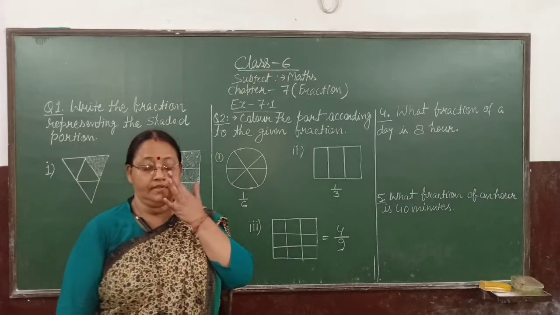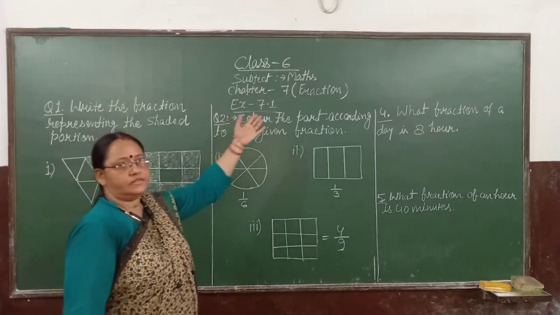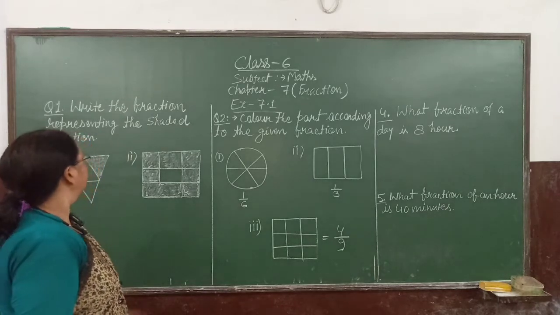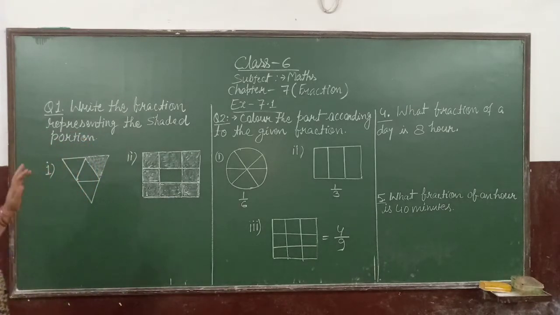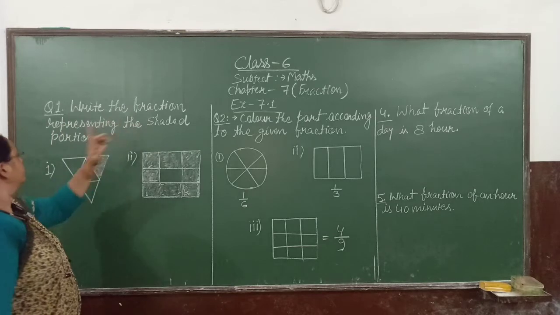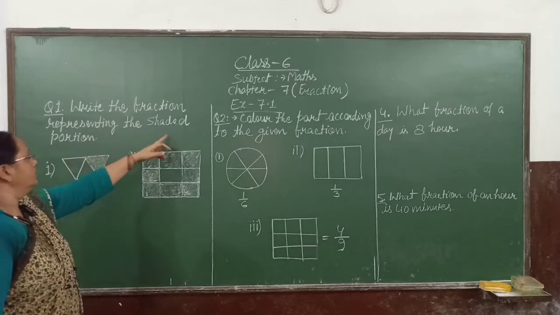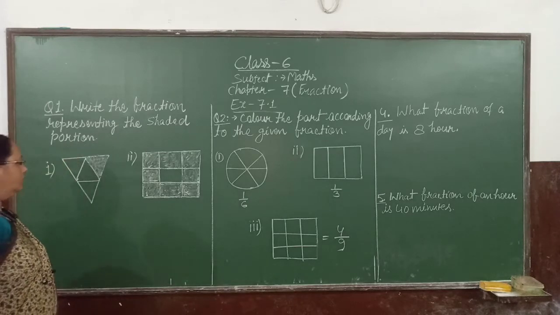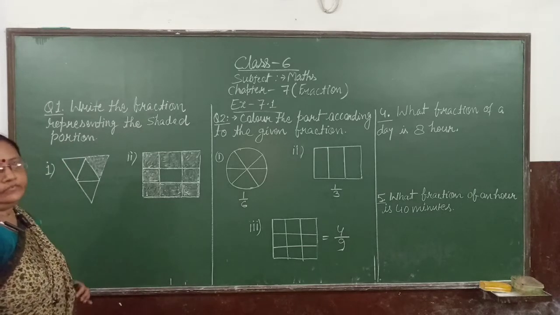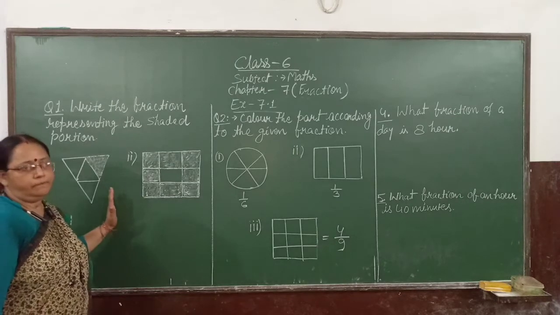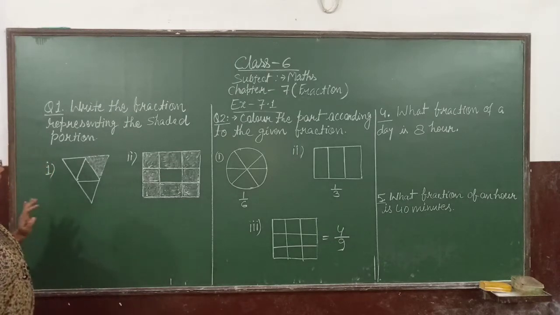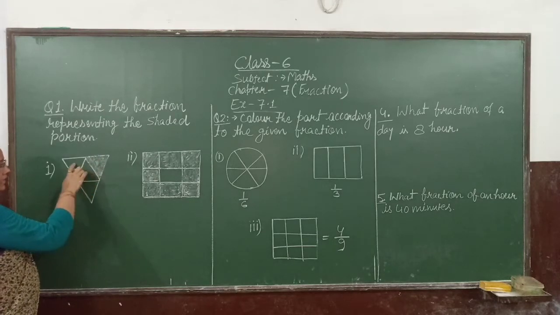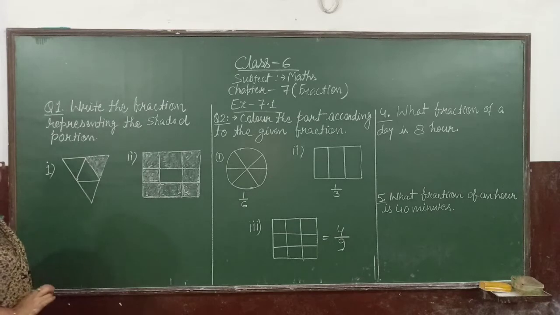Now students, let's start to solve exercise 7.1. Question 1: write the fraction representing the shaded portion. As you learned in the definition, a fraction is a part of a whole. The part is written as the numerator and the whole in the denominator.